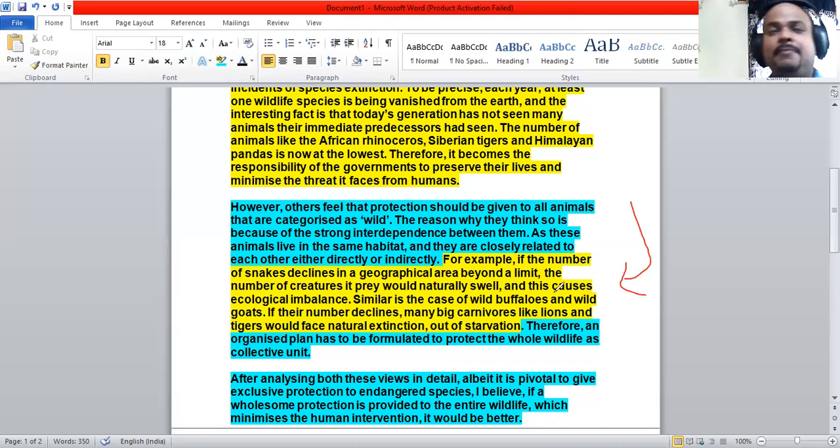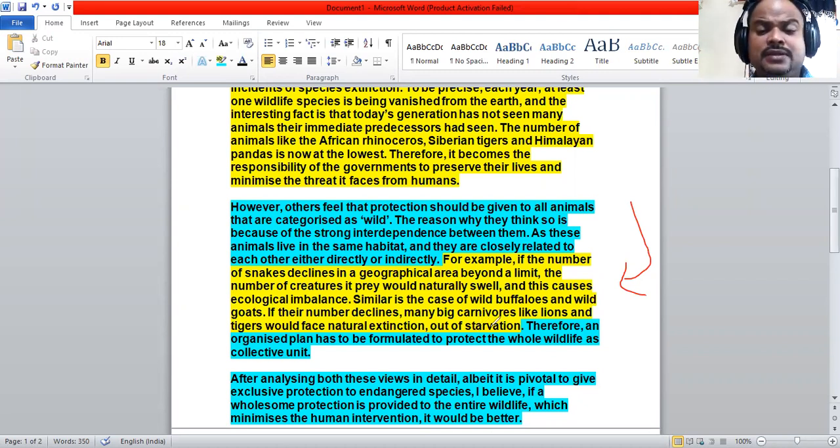If the number of snakes declines, naturally the number of creatures they prey on increases, and it will cause ecological imbalance. Similarly, in the case of higher animals like buffaloes, wild goats, antelopes and deer, the numbers are going down.